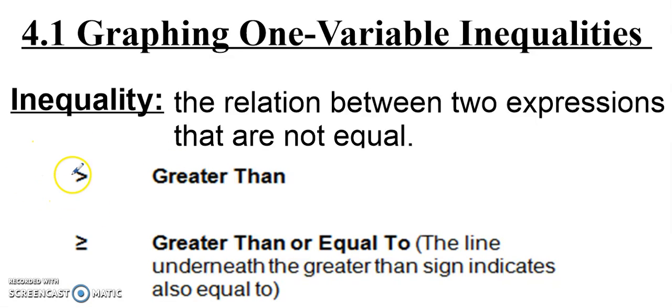So the quantity on the left will be greater than the quantity on the right. We have greater than or equal to, which we discussed yesterday. If we have a line underneath, that's going to actually include the value itself, and that would be a closed circle. You can see that underneath here.